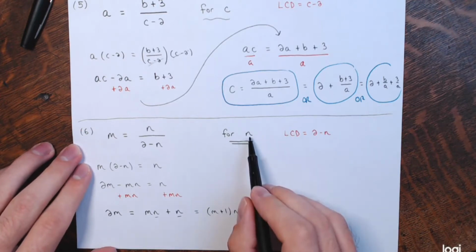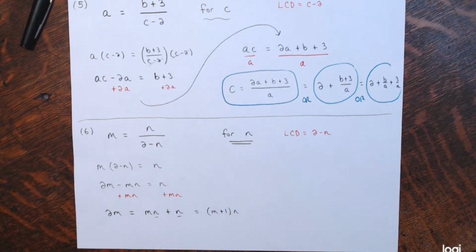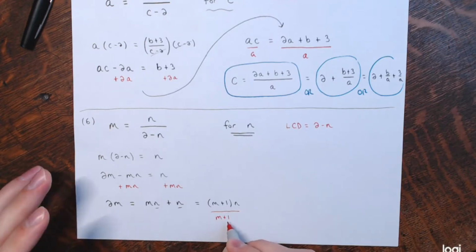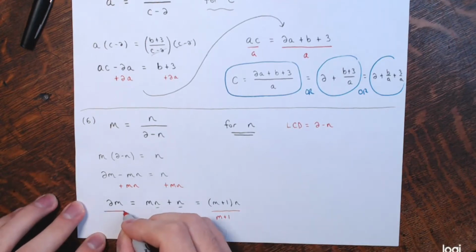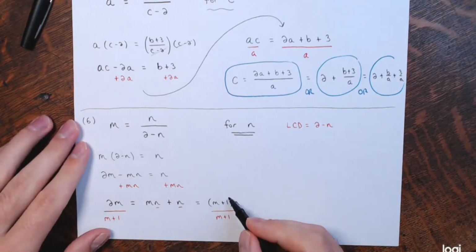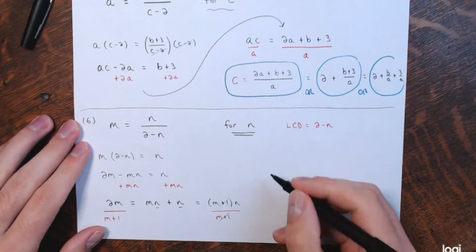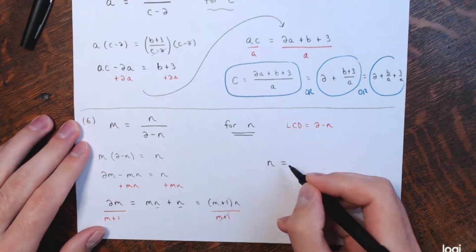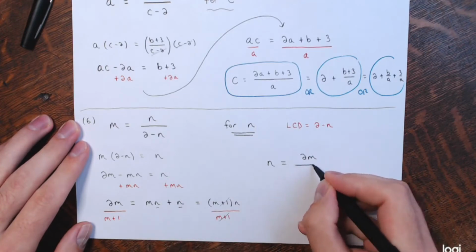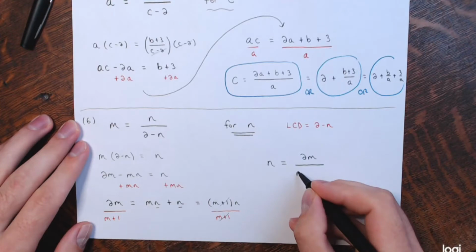And then comes the division part. Once I get all the terms of the variable on one side, you should be able to solve for that by doing some sort of division. So I'm dividing both sides by this quantity m plus 1, but since it's the only factor, I don't need parentheses around it when I divide by it. And there we go. The m plus 1's cancel over here, and I'm left with n on the one side, and on the other side we have 2m in the numerator divided by m plus 1 in the denominator.